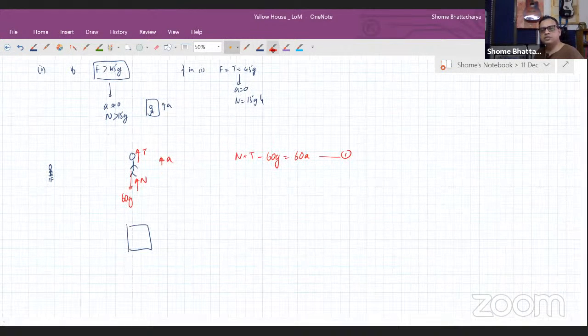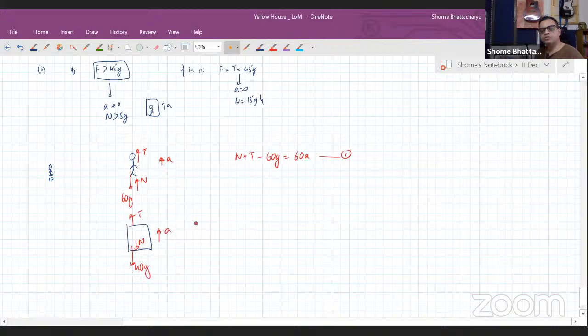And similarly on the elevator's box, again the forces are the same. Tension, normal reaction acting downwards, the weight of the box acting downwards, but the box is also going up with the same acceleration A, because he and the box together are moving with an acceleration A upwards. So we have the equation T minus N minus 40 G is equal to, oh sorry, not 40, this is 30.